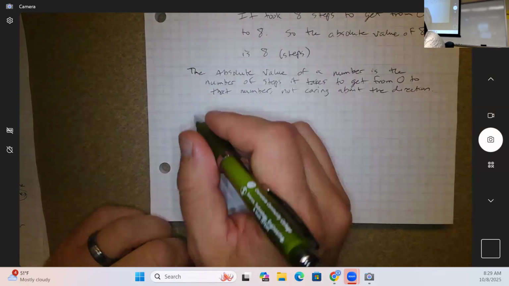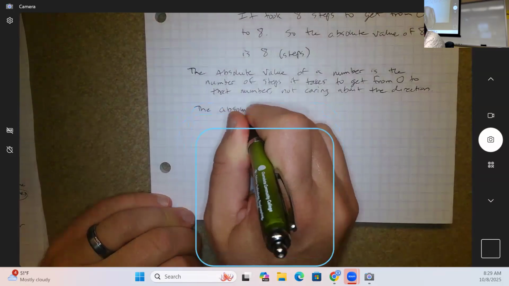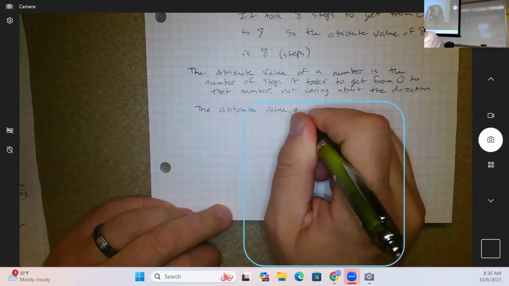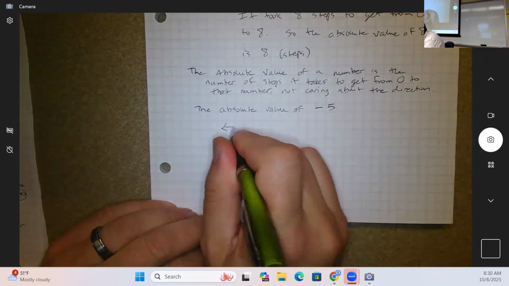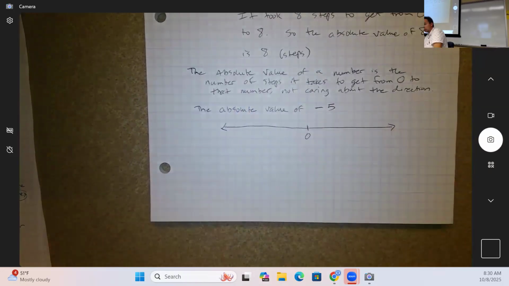Let's look at the absolute value of -5. And we're going to use the pictures as well. I'm going to start by drawing a number line. I'll stick my 0 somewhere in the middle. -5, is that to the right of the 0 or to the left of the 0? It's to the left.